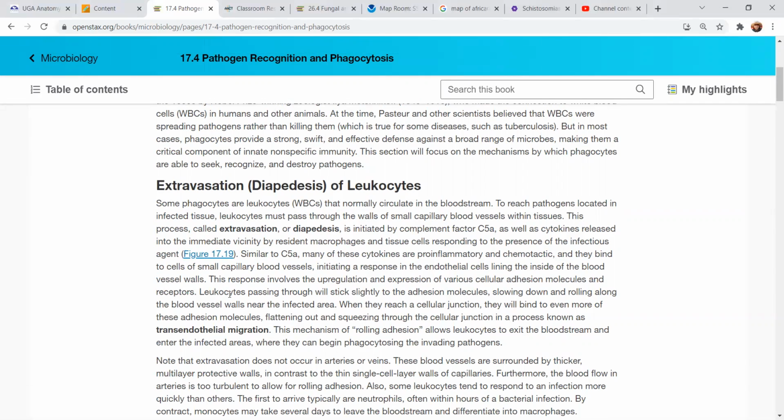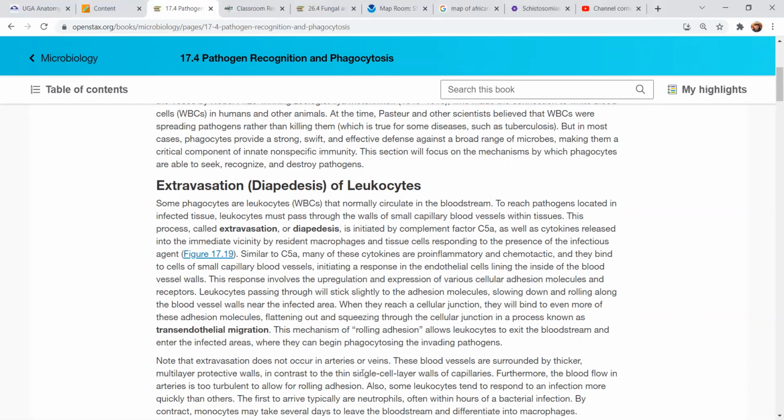They have to get out of the bloodstream to get into the infected tissue. And leukocytes will stick to these adhesion molecules, and then they'll be able to basically squeeze in between those junctions between the cells and get out into the tissues. And this is called transendothelial migration. Now, it doesn't occur in arteries and veins.